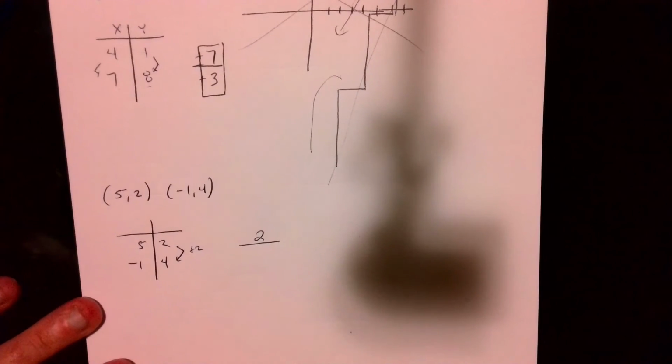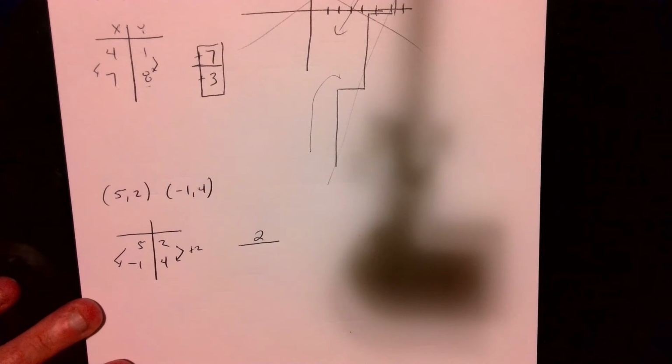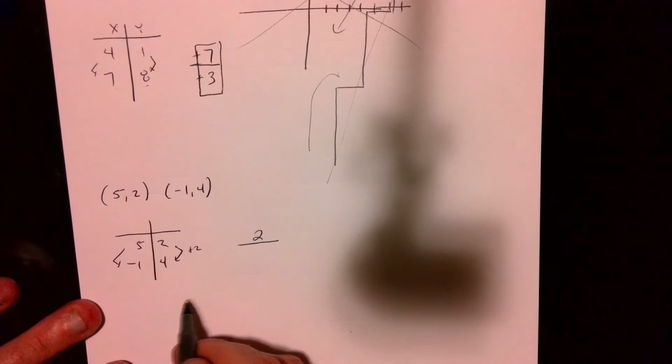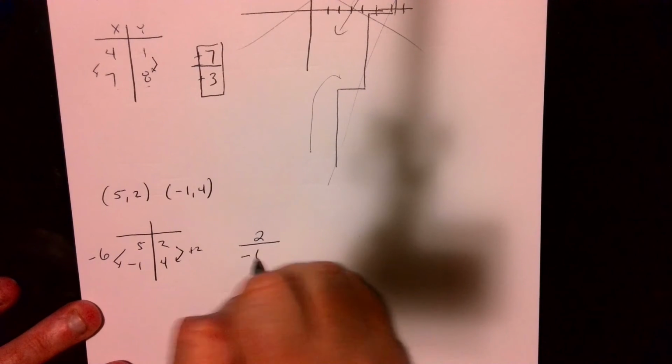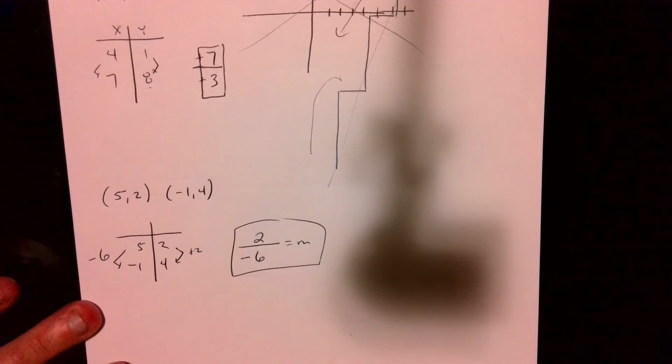So positive 2. And from 5 to -1, what's going on there? Think about it. We're getting smaller. We pass 0, so from 5 to 0, that's 5 spots, and 0 to -1 is another 1 spot, so we went down 6 spots. So our slope is 2 over -6.